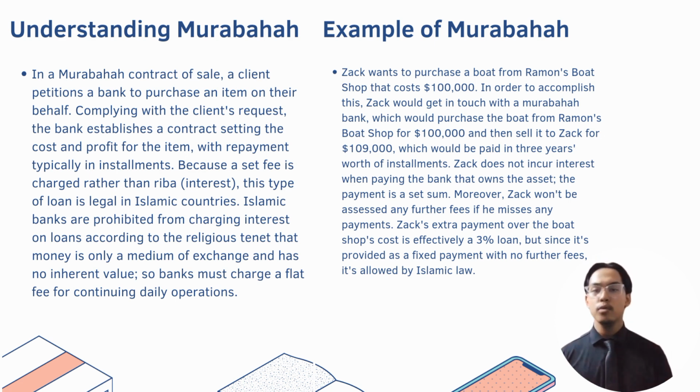Moreover, Zach won't be assessed any further fees if he misses any payment. Zach's extra payment over the boat shop's cost is effectively a 3% loan, but since it's provided as a fixed payment with no further fees, it's allowed by Islamic law. So in this case, the $9,000 on top of the $100,000 is known as cost plus profit, also known as profit plus sale, which is allowed in Islam and Sharia law.